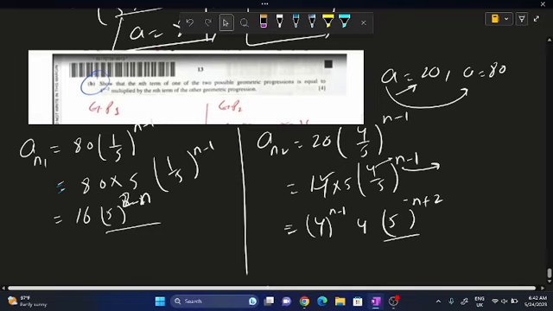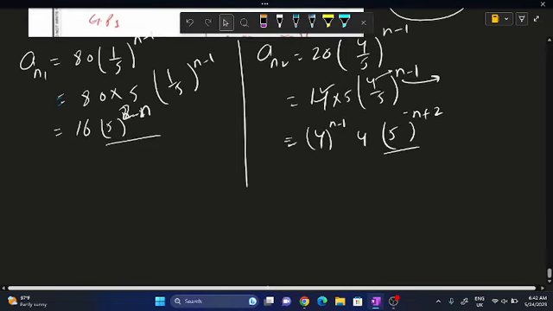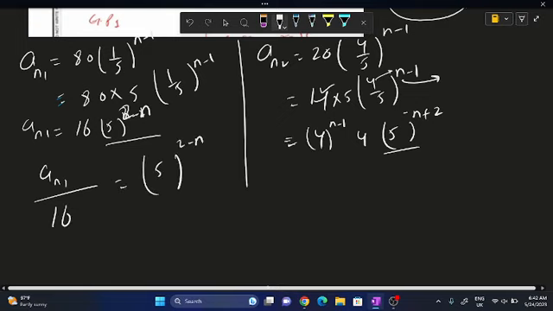Can I resubstitute its value over here? 100% I can. This is my an1, so that can be written as an1 divided by 16, which is equal to 5 raised to the power 2 minus n. I can put this equation number star into equation number double star. After substituting, I can say that it gives me 4 to the power, again using the base rule of maths, n minus 1 plus 1.